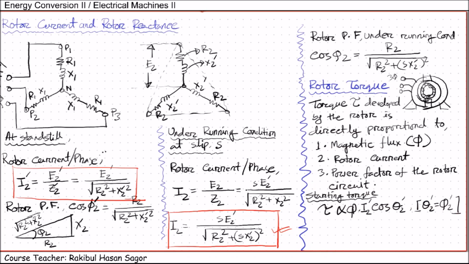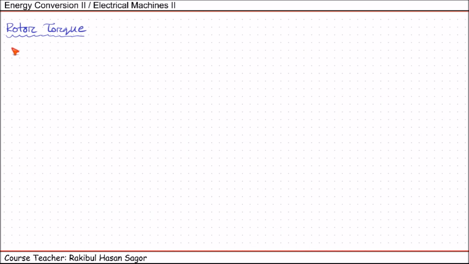Let's go to the next page. We got starting torque tau is proportional to phi I2 prime cos theta 2 prime, as we wrote in the previous note. So it can be written as tau is directly proportional to phi.